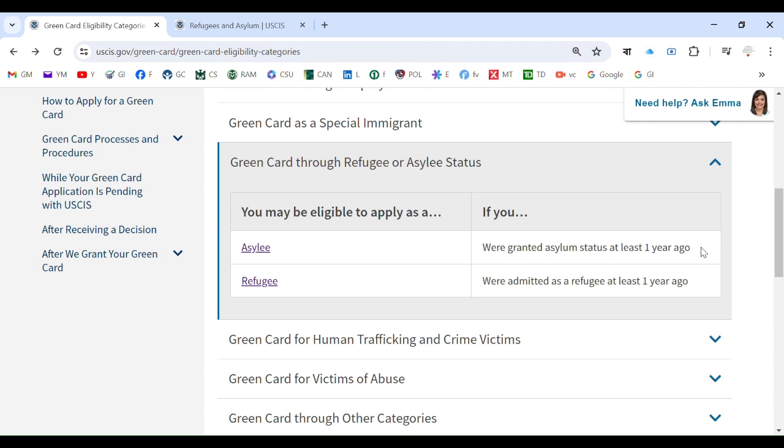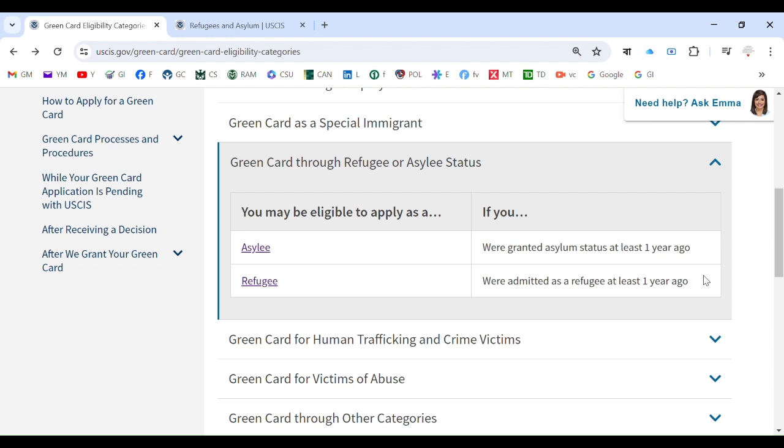For example, today it is June 6, 2024. So if your asylum was approved on or before June 6, 2023, then you can apply for a green card through asylee status. What about refugee status? It is simpler.